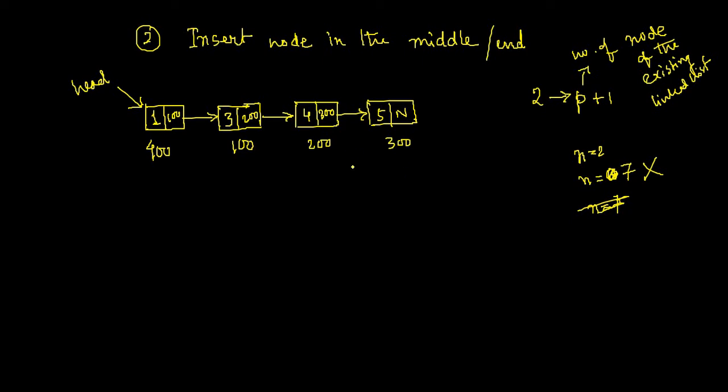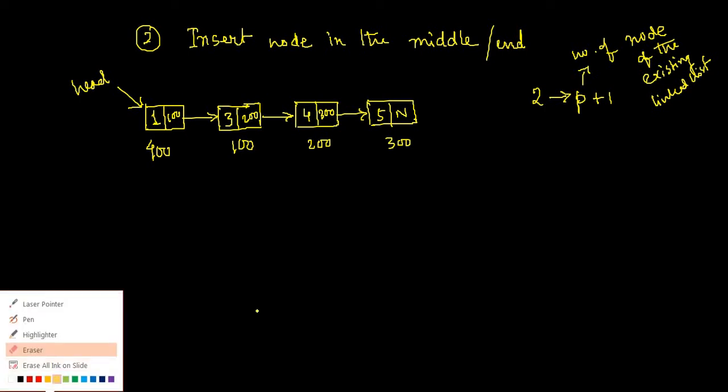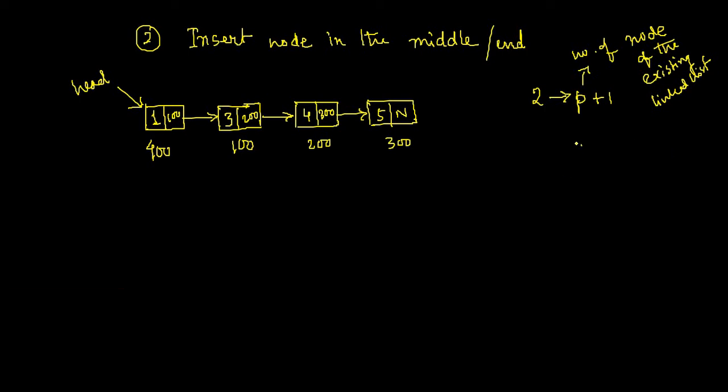So this is my existing linked list, and in my current situation, P is equal to 4. That is the total number of nodes right now. And the position that I want to insert is equal to 4. 4 means after inserting the new node, the position of the new node must be 4.